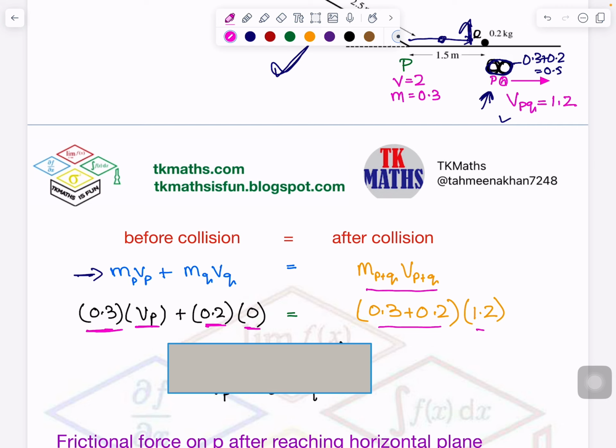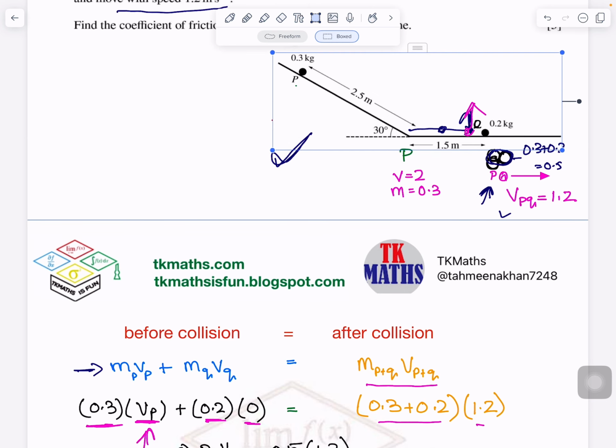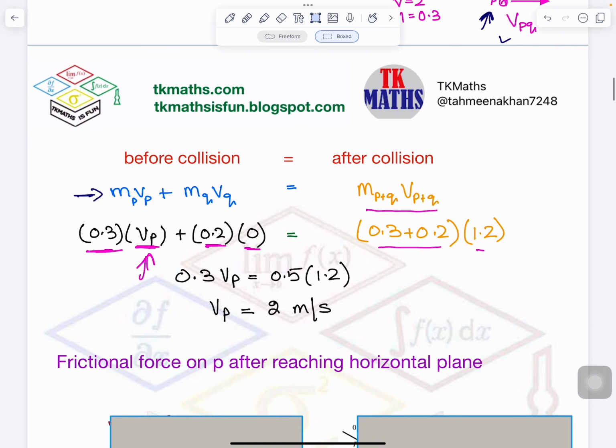Okay, so now, why did I write Vp here? Because I don't know what the velocity was before collision, that I have to find out. So when I solve it, I got the velocity of P as 2 meter per second. So before collision here at the point Q, the velocity of P was 2 meter per second.